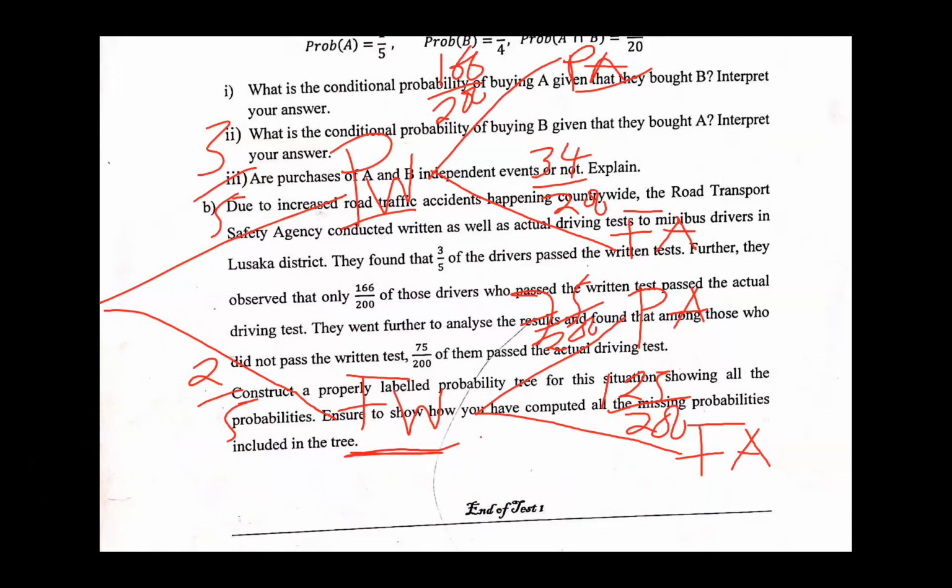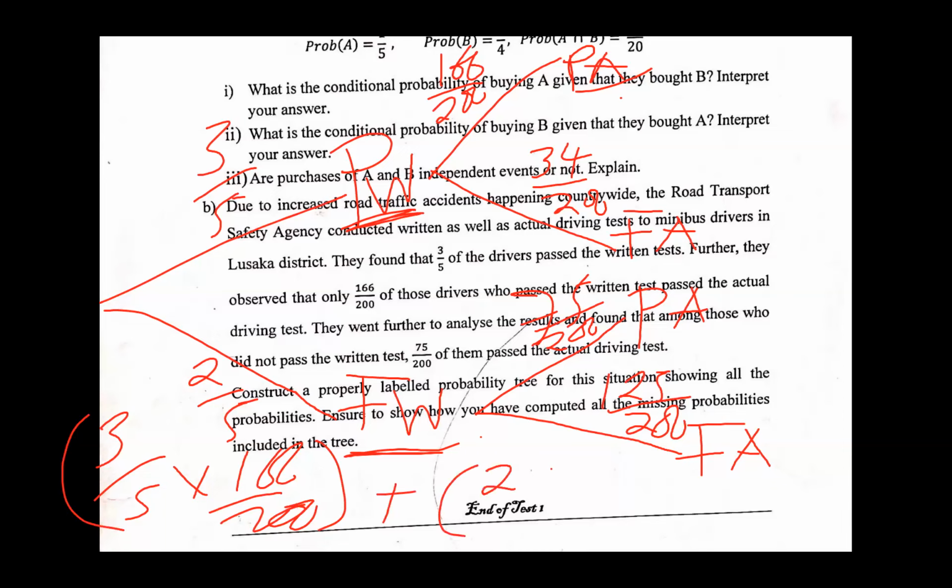So passing the actual test, you can pass the actual test given that you also pass the written test. So it will be 3 over 5 times 166 over 200, close brackets, plus 3 over 5 times 75 over 200. That is how you deal with this. They are very easy things.